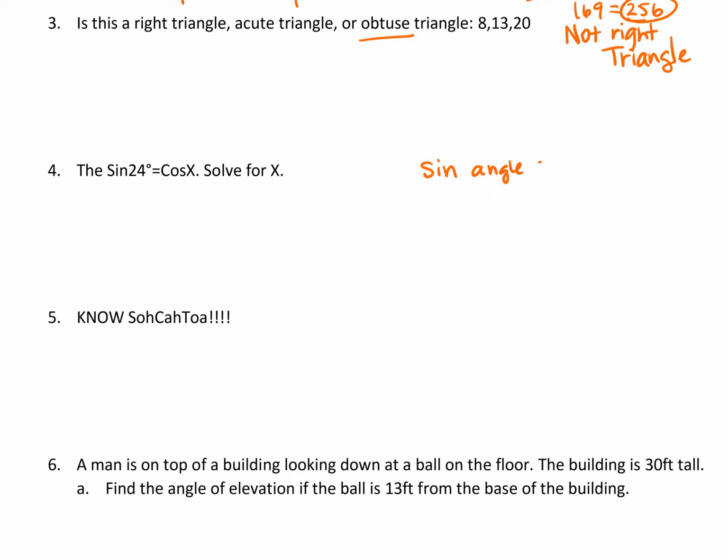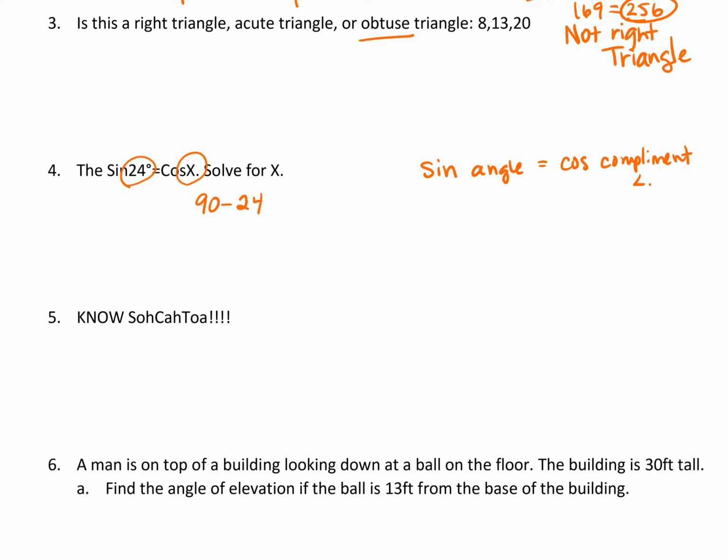Okay, the next one we talked about the idea that the sine of an angle is equal to the cosine of its complementary angle. So basically all you do with this is that if sine of 24 would equal the cosine of its complement. So complement is numbers that add up to 90.